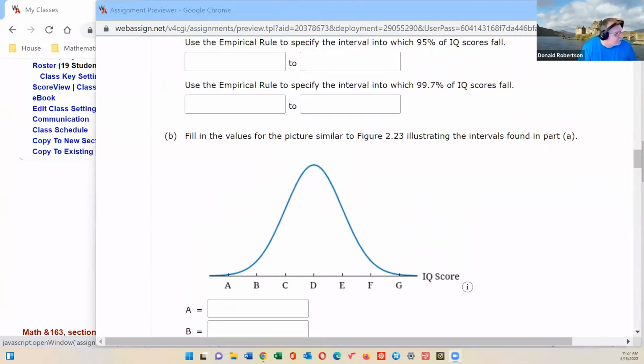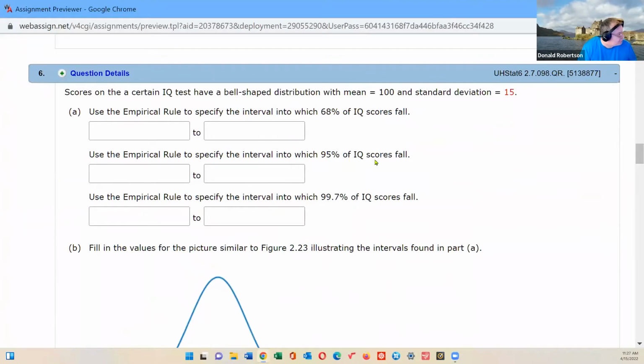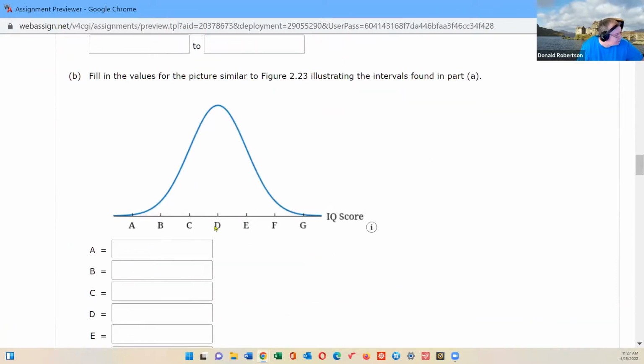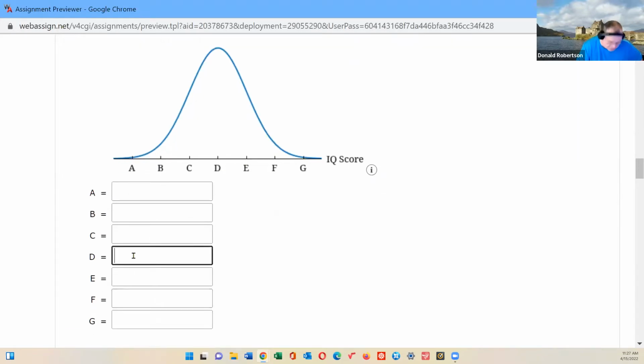For instance, this one is to do with IQ tests of some kind. In this case, the mean is 100 and the standard deviation is 15. And can you imagine then that for D, you'd put in 100. And then wouldn't this be 1, 2, 3 standard deviations?